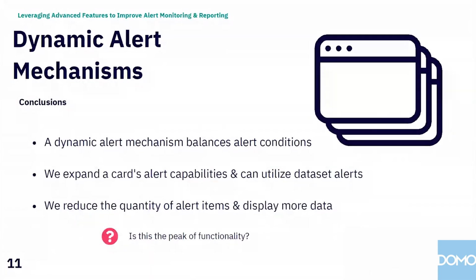So in conclusion, level 2 alerts, dynamic alert mechanisms. We showed you how to build a dynamic alert mechanism and how it balances out your alert conditions. In any newly established dynamic alert column, that data is then readily available to report an alert for multiple different functions of your business.